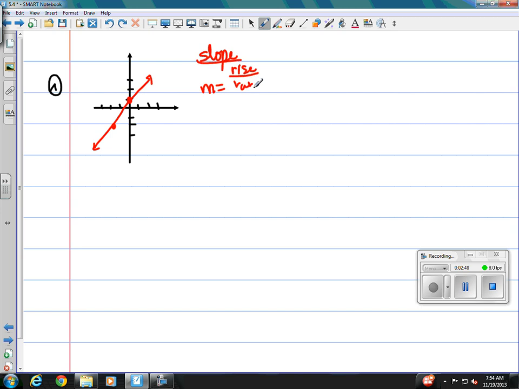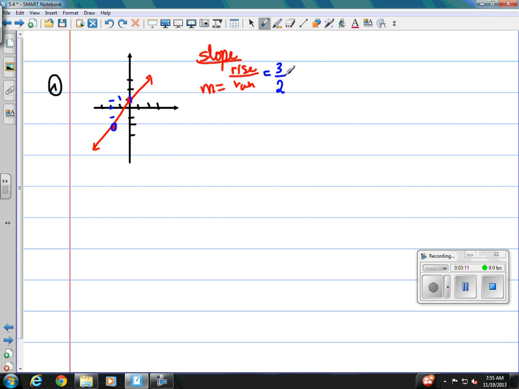Now if you think back to finding slope, we start with the farthest left point and work our way to the right. So I'm going to circle my left point and count up. We go up 1, 2, 3. So since I went up, my rise is 3. And how many do I run? So I went up 3 and I run 1, 2. So my run is 2.